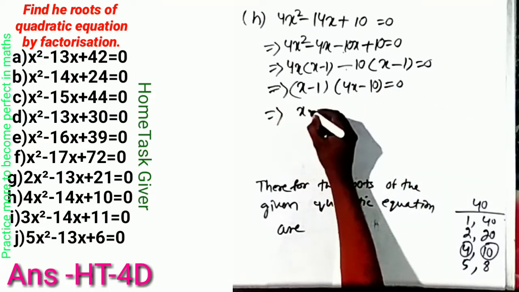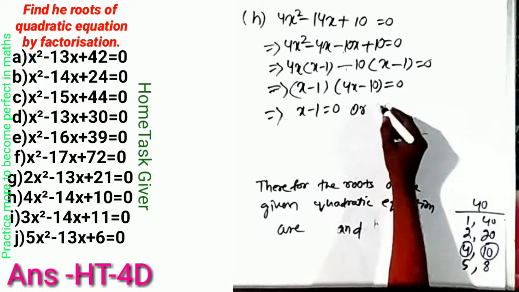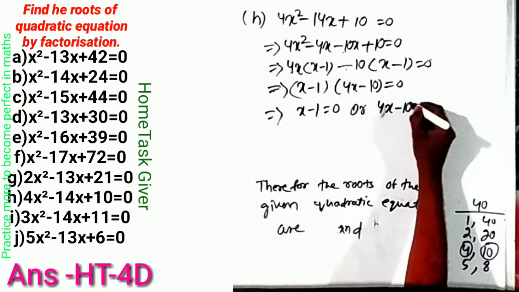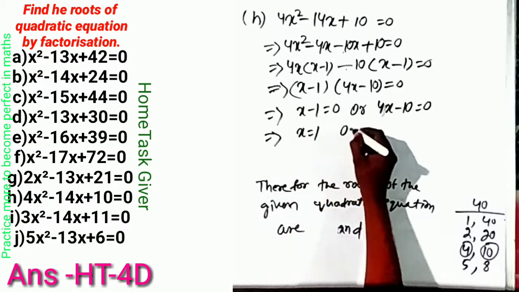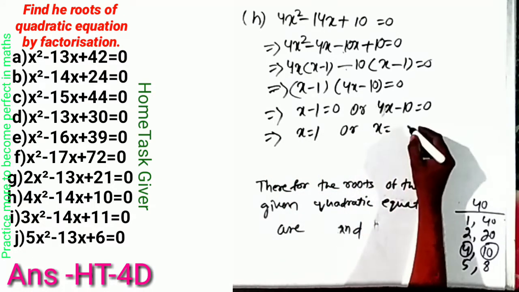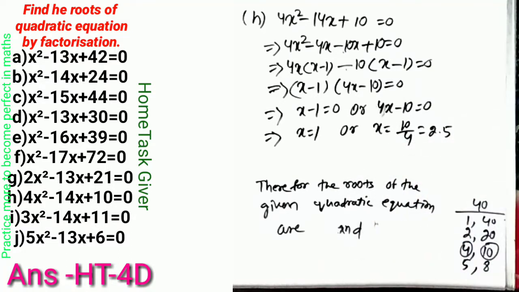So here x minus 1 equal to 0 और 4x minus 10 equal to 0, implies that x equal to 1 और x equal to 10 by 4 equal to 2.5. So therefore the roots of the given quadratic equation are 1 and 2.5.